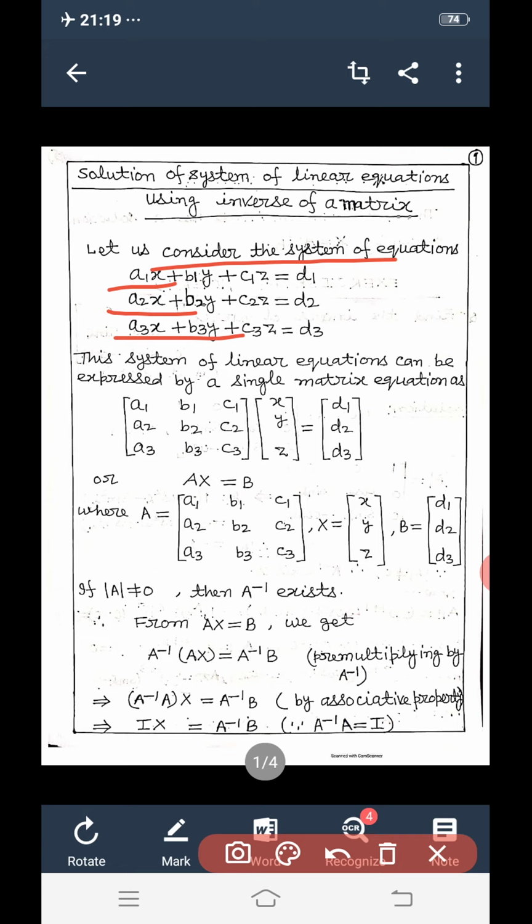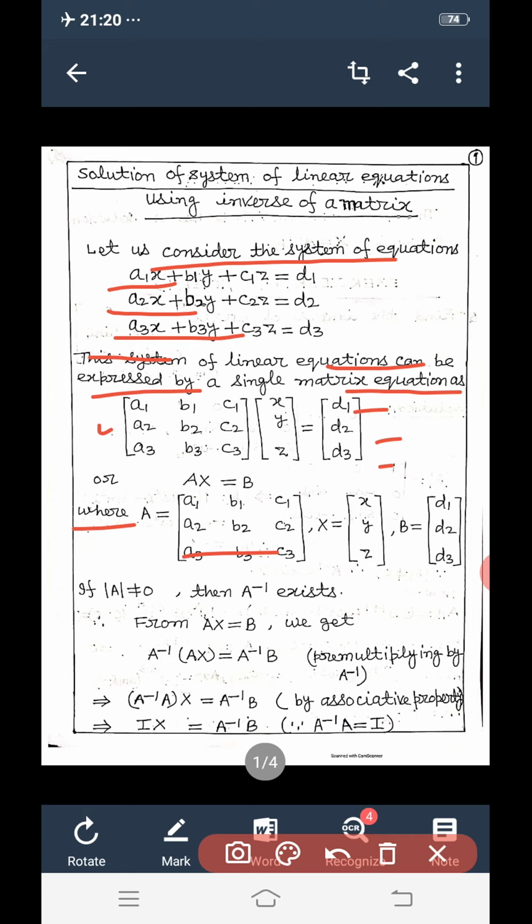This system of linear equations can be expressed by a single matrix equation as [a1 b1 c1; a2 b2 c2; a3 b3 c3] into [x y z] equal to [d1 d2 d3], or AX equal to B, where A is a square matrix of order 3 by 3 having elements a1 b1 c1, a2 b2 c2, a3 b3 c3.